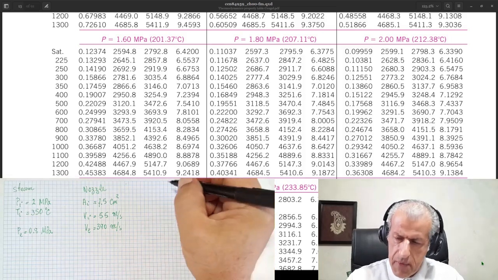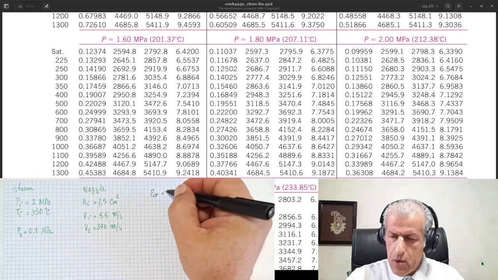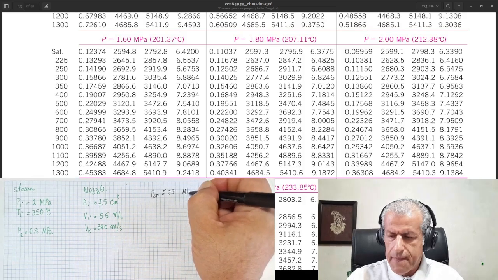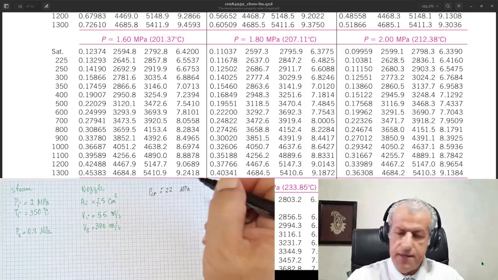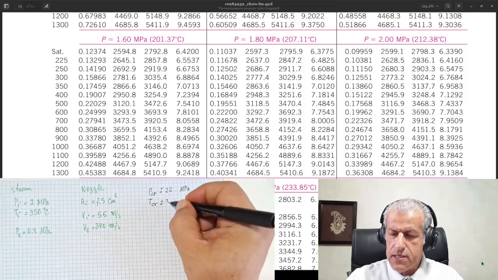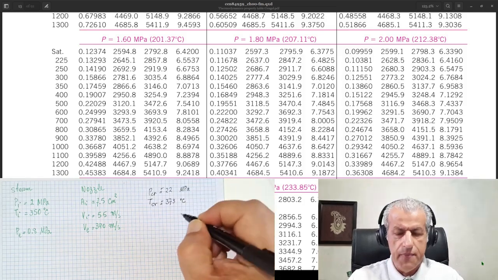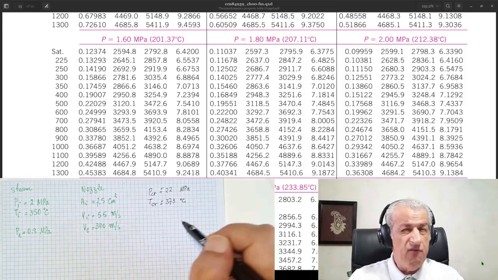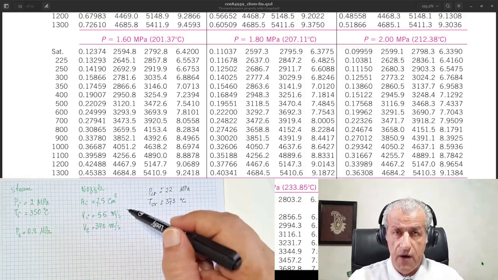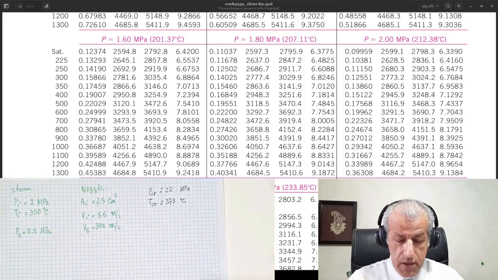Because I remember that P critical for steam was about 22 megapascal, and T critical was about 373 degrees C. And so the temperature is very similar, almost close, but the pressure is far less, and therefore we expect it to be superheat.